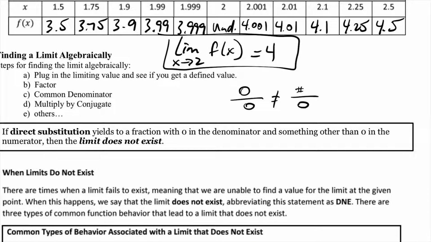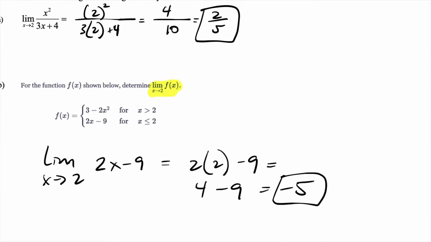The next one says multiply by the conjugate. That's what I'm going to do. Okay, so what is the conjugate? You might have heard the term before. A conjugate is a binomial that has a different sign. I'll give you some examples.